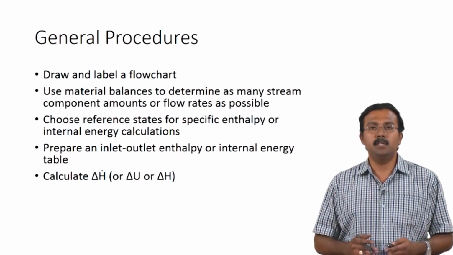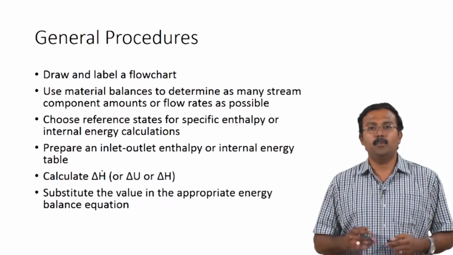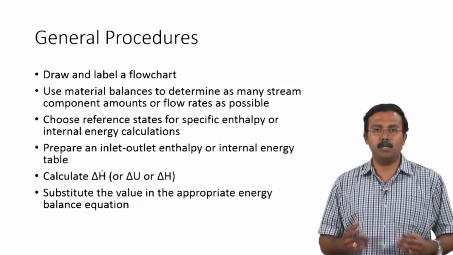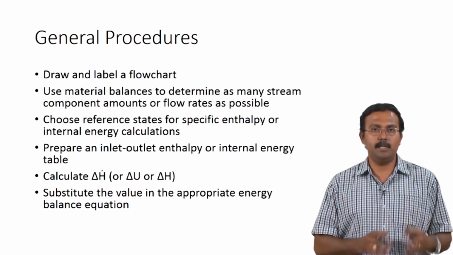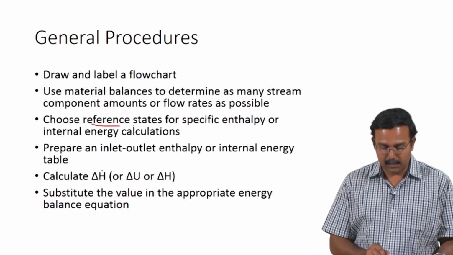These values will be used in the general energy balance equation for the open or closed system to perform the energy balance to get the parameters which we are looking for. So, the procedure itself is quite similar to whatever we have been doing till now, only difference is the step where we identify the reference states.